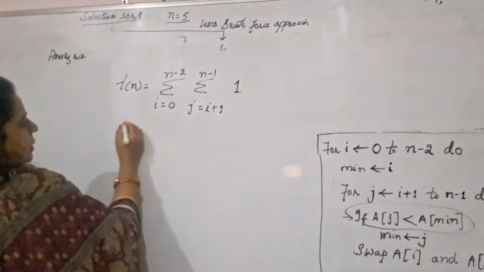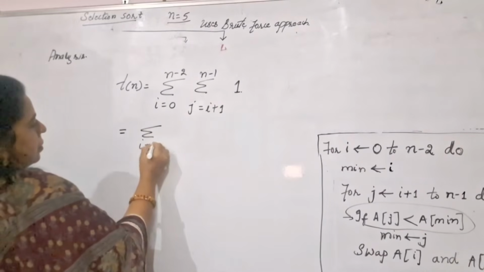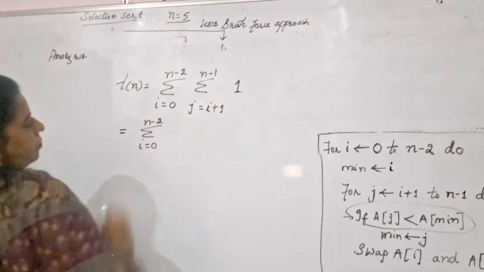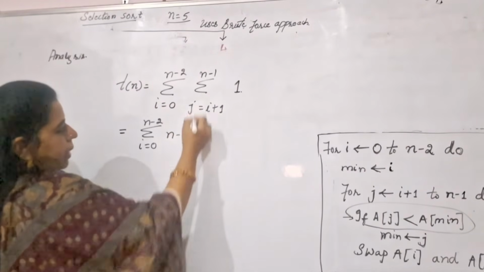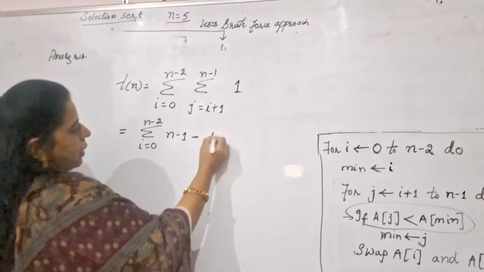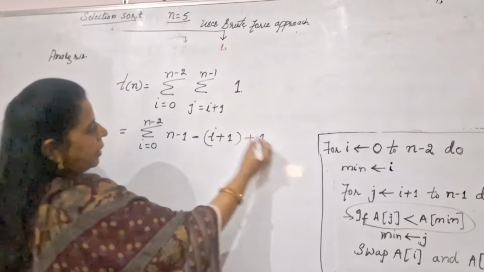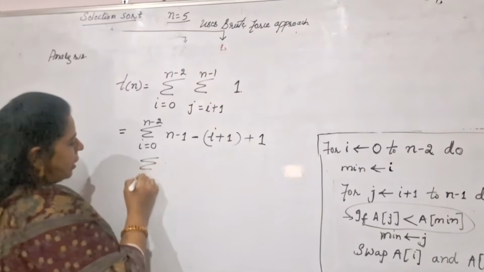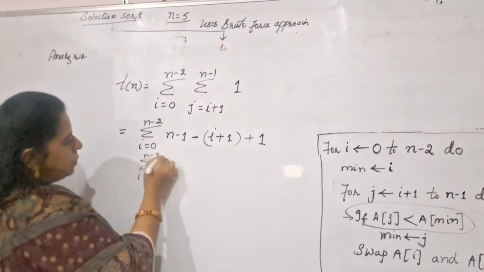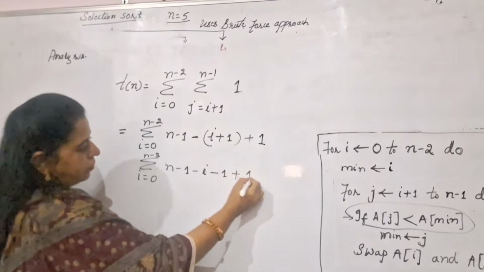Now what you have to do is, in the second step, you just carry out like this, outer for loop, fine. Further simplification, the upper limit is n minus 1, minus of what? Lower limit is i plus 1, and you have this one, okay, we'll bring it here, this one as it is. Further simplification, this will be summation i equal to 0 to n minus 2, n minus 1 minus i minus 1 plus 1, fine.